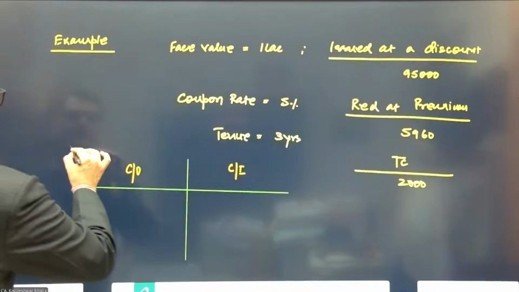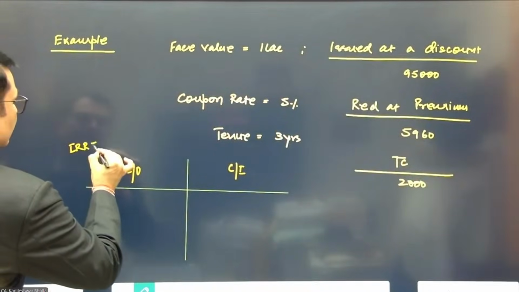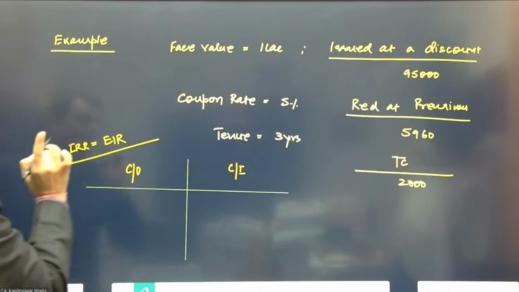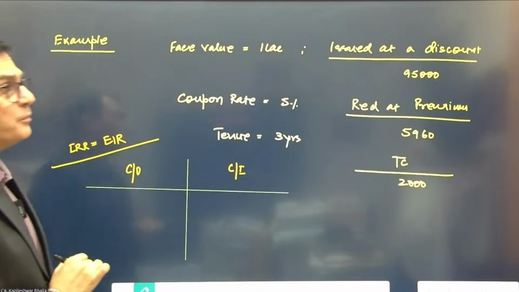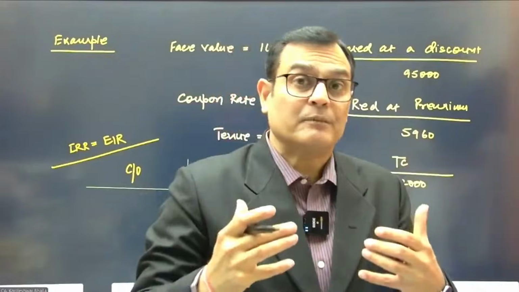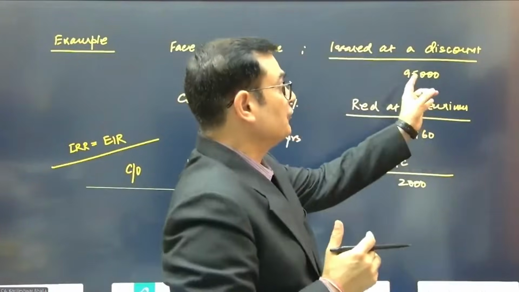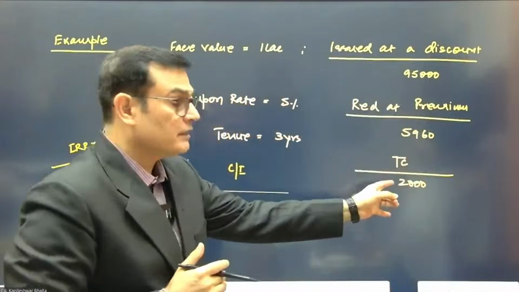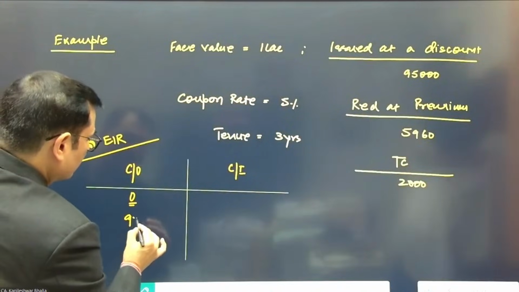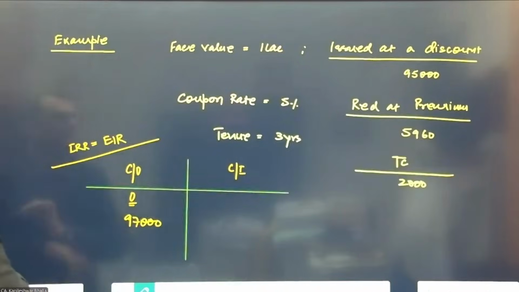So I am interested in finding out the internal rate of return, that is the effective interest rate in the deal. Look at the deal from the investor's point of view. He made an investment of 95,000 and paid an issue cost of 2,000. So at time 0, this comes to 97,000.